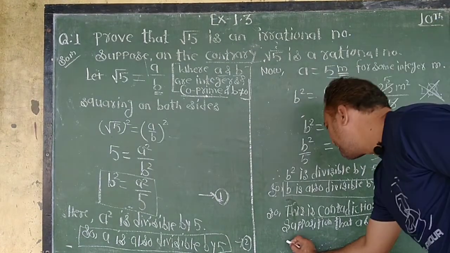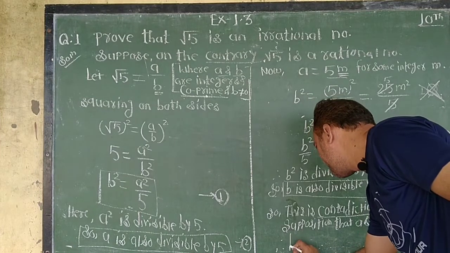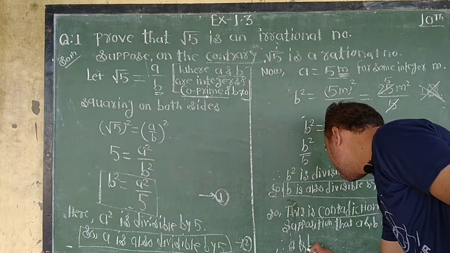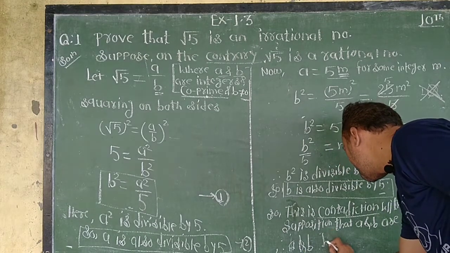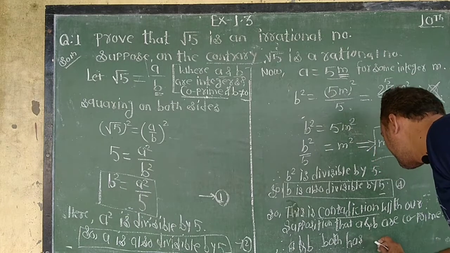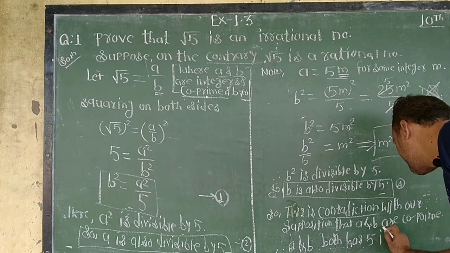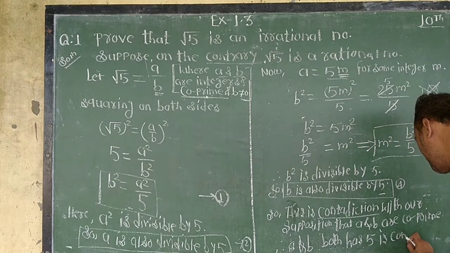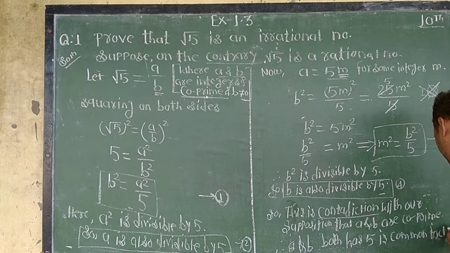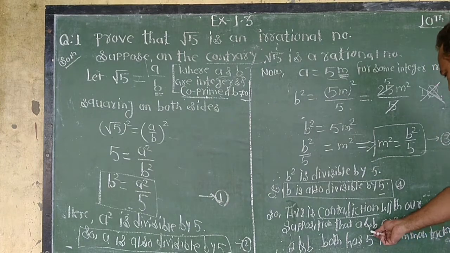Why? Because a and b both have 5 as a common factor. Because it is co-prime, we need the common factor only 1.